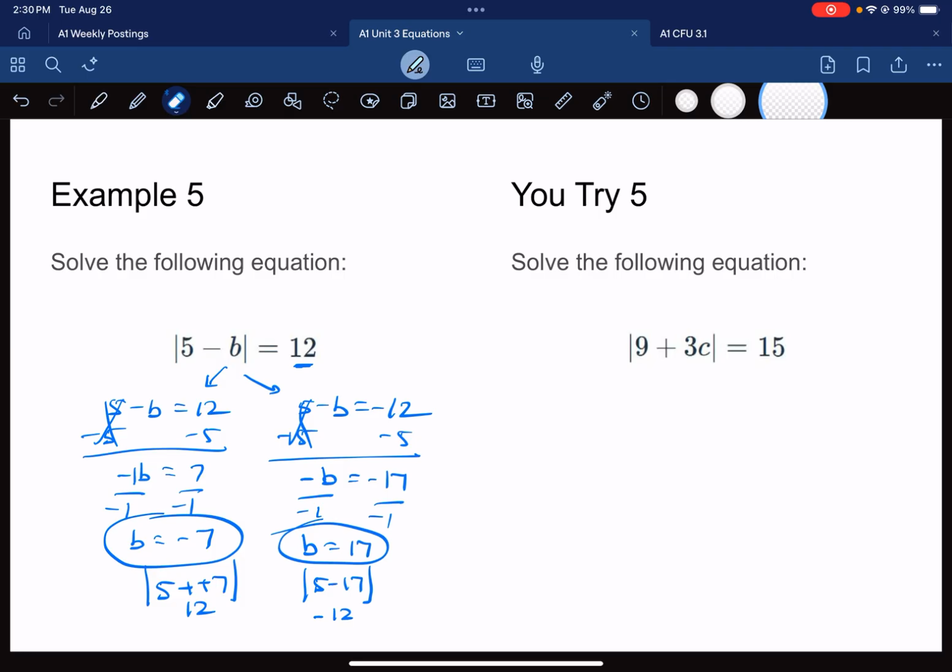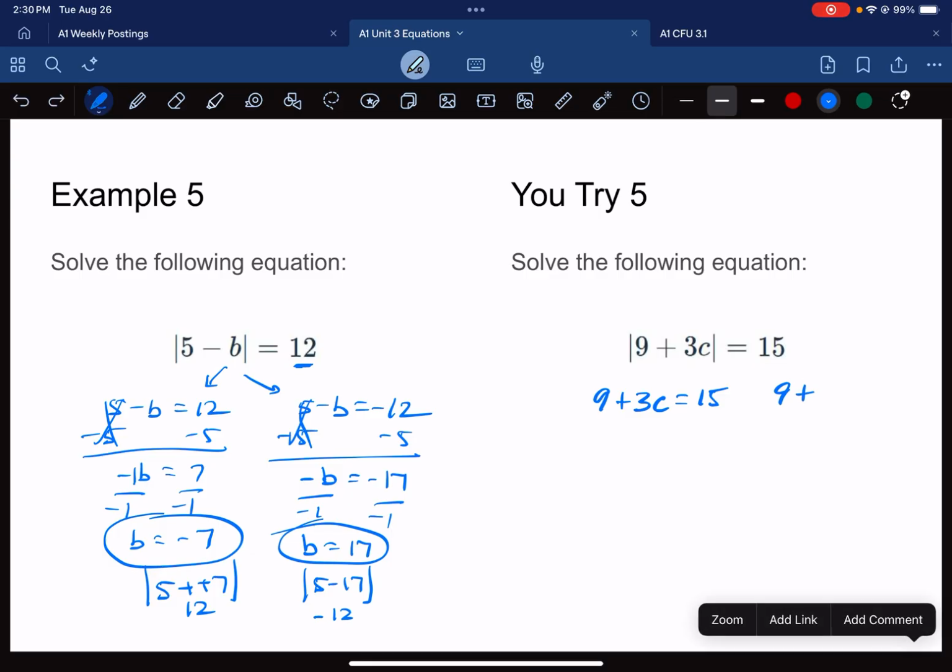Okay. Hopefully you recognize that you do not need to isolate the absolute value. It's already done. So 9 plus 3c must equal either 15, or 9 plus 3c has to equal -15.